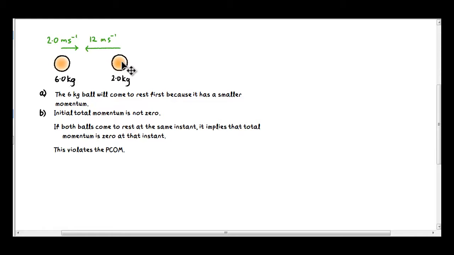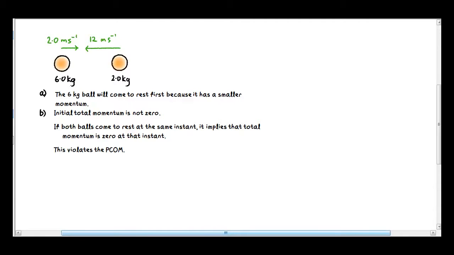And we know from the principle of conservation of momentum that the total momentum must remain as negative 12 kg meter per second throughout the collision. So if both the balls were to come to rest at the same instant, that would imply that the total momentum is zero. And that's a clear violation of the principle of conservation of momentum, which means this is never going to happen.